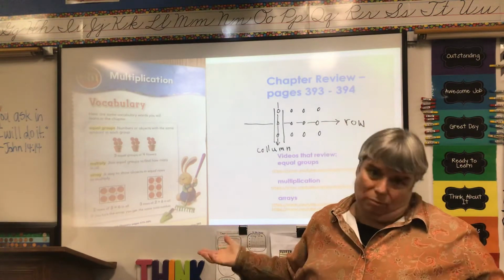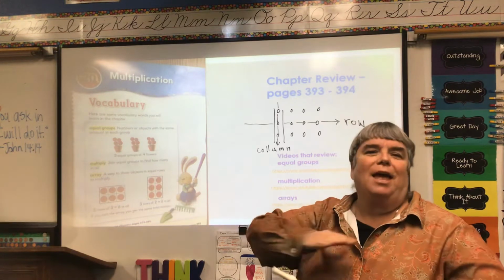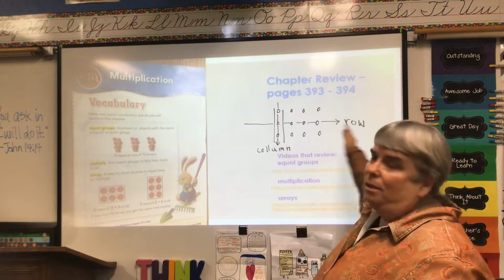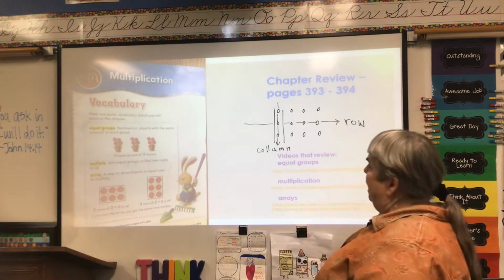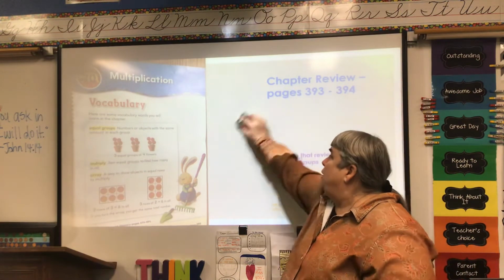So that was how I remembered. A rank is across, and rank starts with an R, and row starts with an R. So rows and columns.